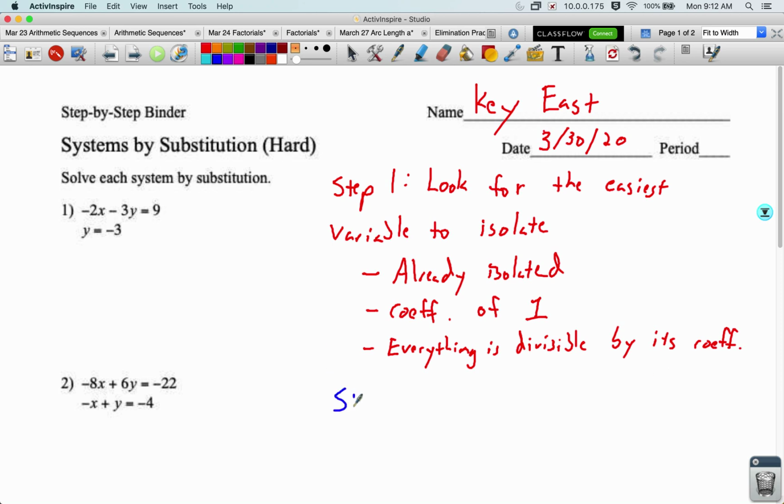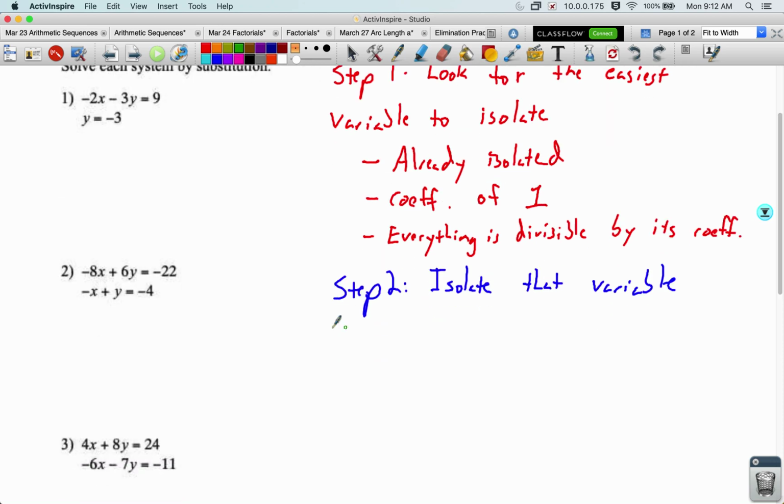All right, step 2 is isolate that variable. All right, and at this point, it becomes an easy type problem. So I'm just going to summarize our steps for solving.